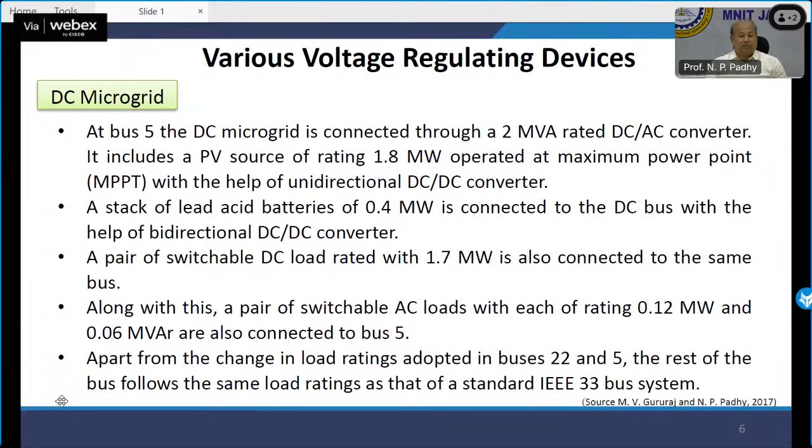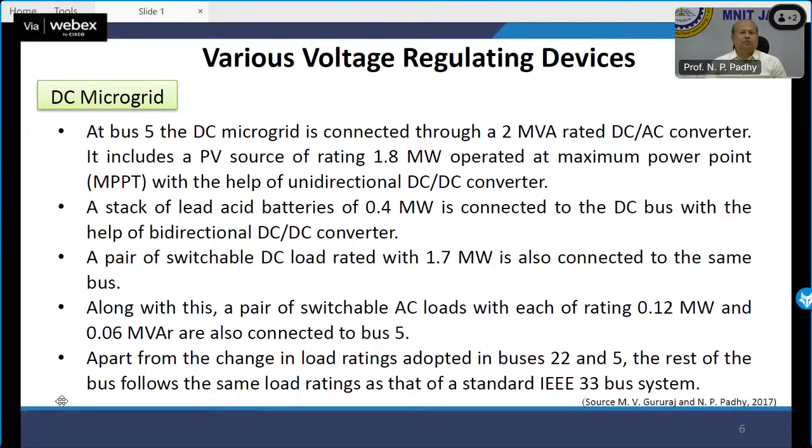I said they have to accept it because it is real, there is no story. The 0.4 megawatt battery is connected to the DC bus with the help of a bidirectional DC-DC converter. A pair of switchable DC loads rated at 1.7 megawatt is also connected to the same bus.